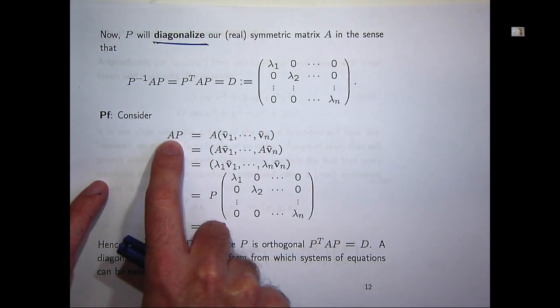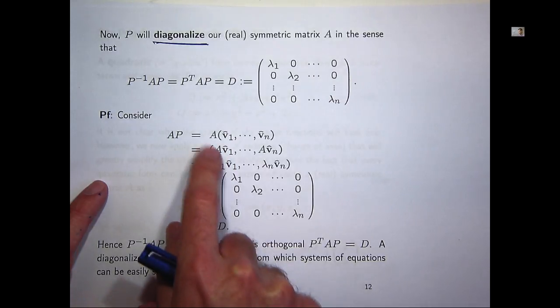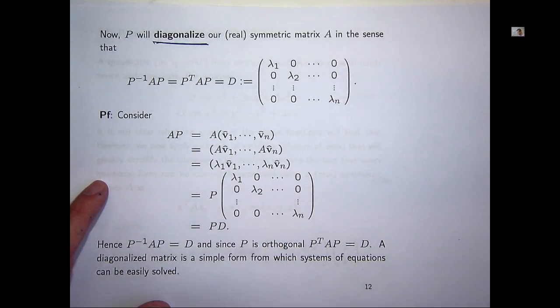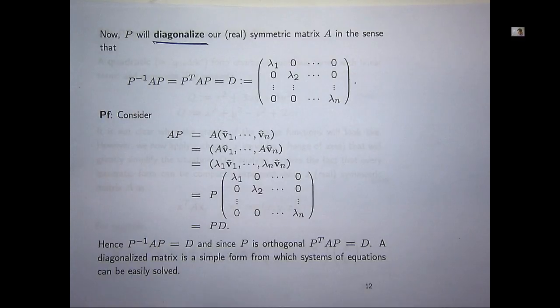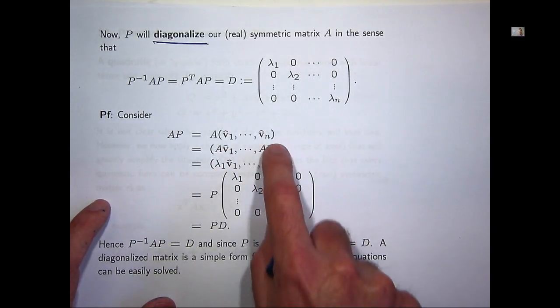So if you look at A times P, it's just this times this. I can multiply the matrix A with each column of this matrix here. And because all the lambdas are eigenvalues, I can go from here to here. Okay?